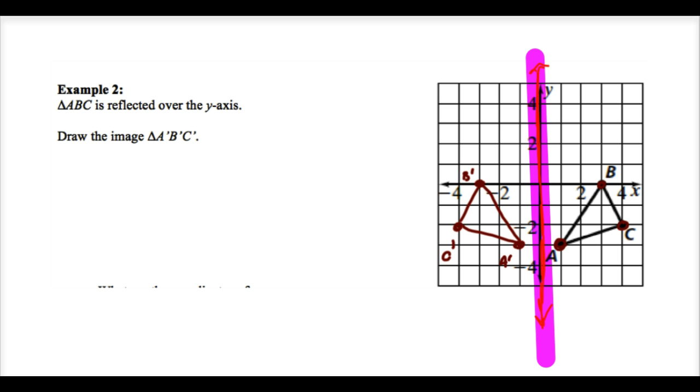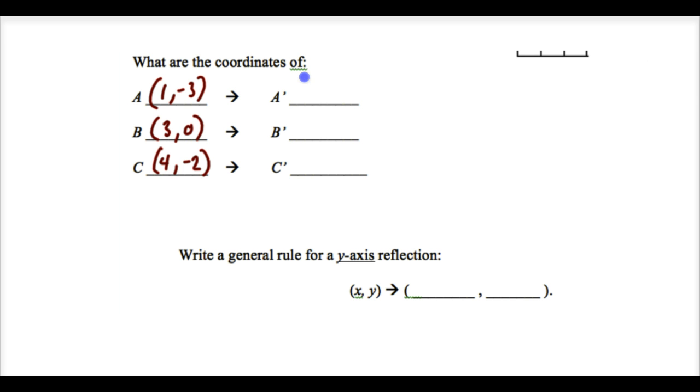If we look at these, the y values actually stay the same, so it doesn't go up and down, it just goes left and right. So all it's going to change is the x values. And really, if we studied the x values, all that ends up happening is that they get the opposite version of what they were. So while the x's change, the y's stay exactly the same.